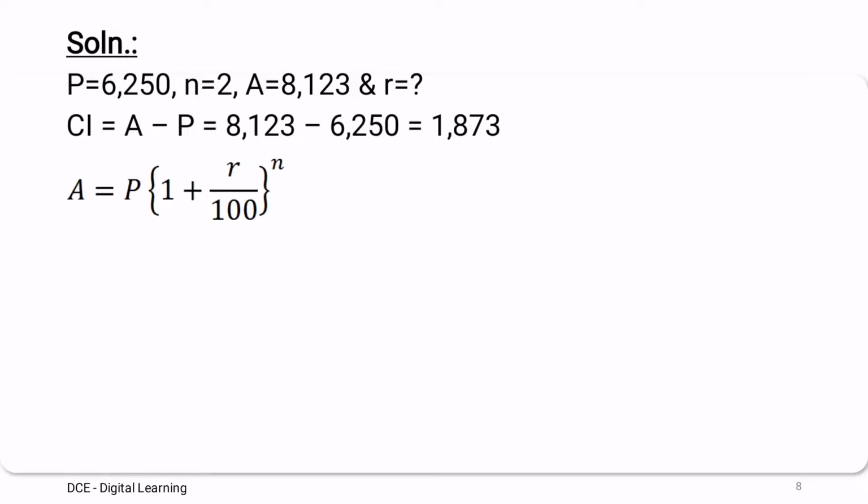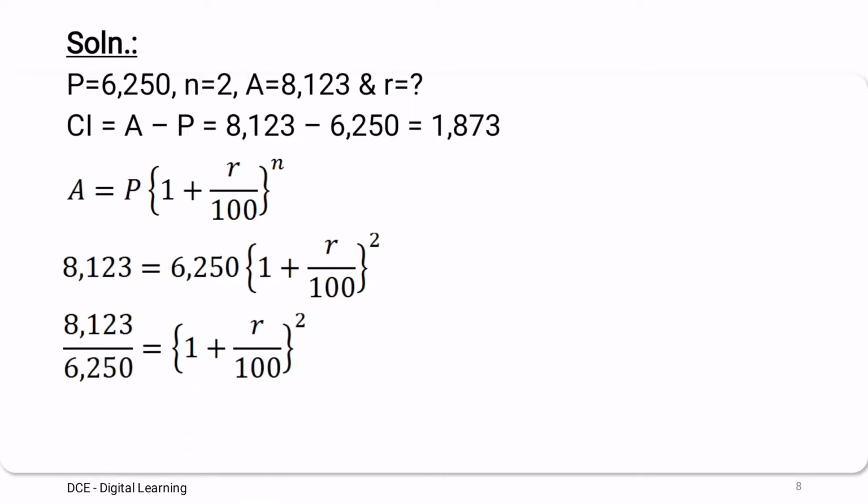Now putting values in the formula, A equals P into bracket 1 plus R divided by 100 raised to n. So the amount is 8,123, P is 6,250 into bracket 1 plus R divided by 100 raised to 2. R we have to find out. So 6,250 goes from right hand side to left hand side.